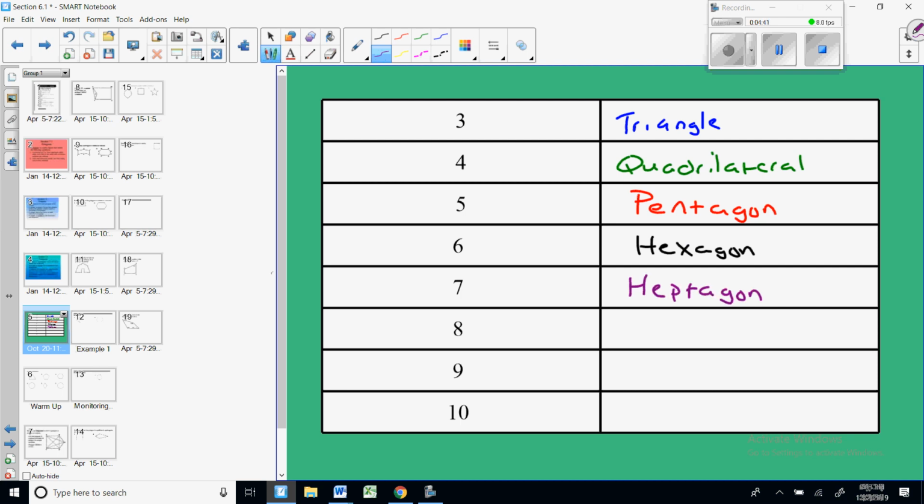An 8-sided figure. And hopefully you all know this. If you don't, you should in the next year or so when you start driving, but that is an octagon, just like your stop signs. A 9-sided figure would be a nonagon. And a 10-sided figure would be a decagon.